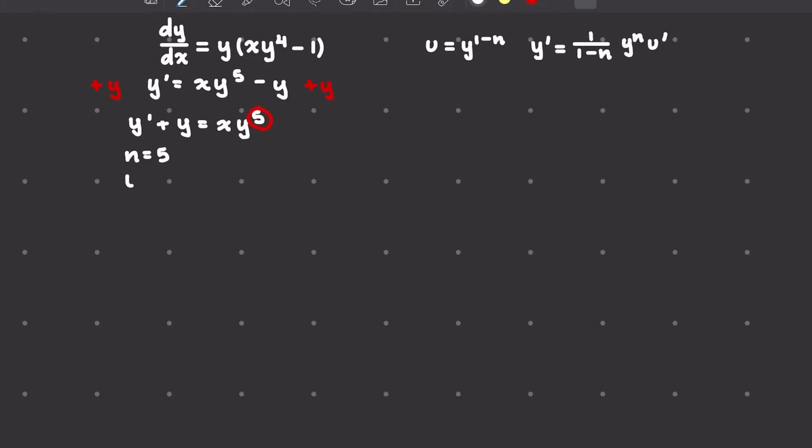And we can calculate u, which is equal to y to the 1 minus n. So y to the 1 minus 5 is just y to the negative 4.